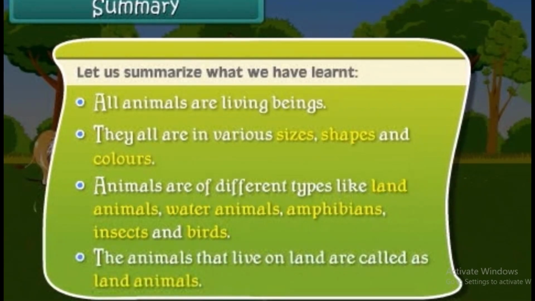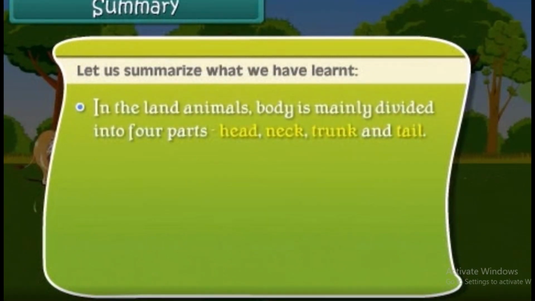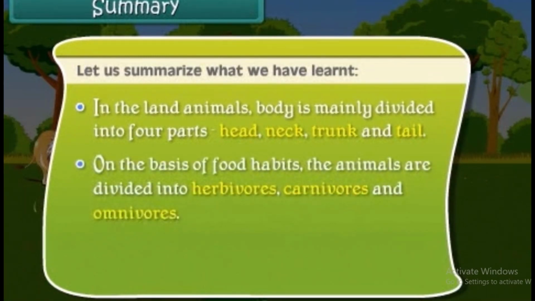The animals that live on land are called land animals. In land animals, the body is mainly divided into 4 parts: head, neck, trunk, and tail. On the basis of food habits, animals are divided into herbivores, carnivores, and omnivores.